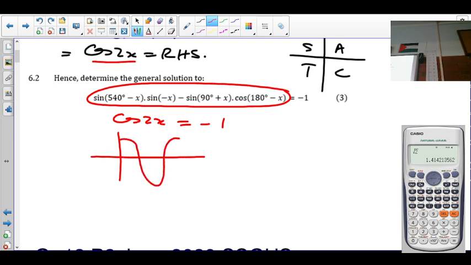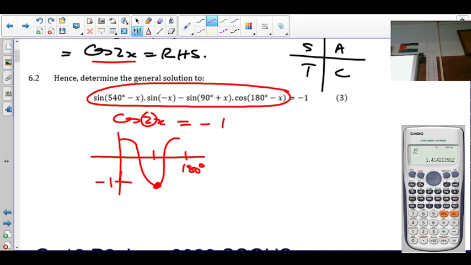This is what the cos x graph looks like at 360. But what effect does the 2 have on the graph? Divides the period in half. Not so. So this is simply going to be 180 here. So where's cos of x equal to negative 1? At this point, which is?